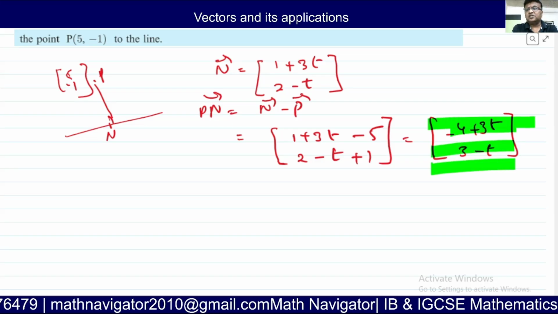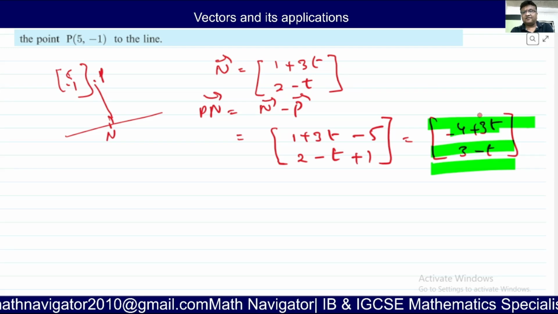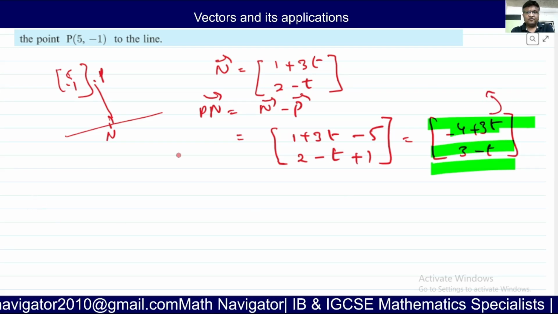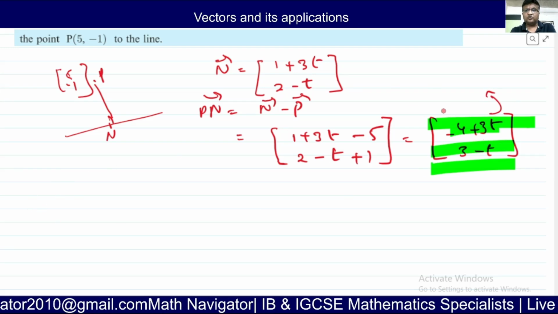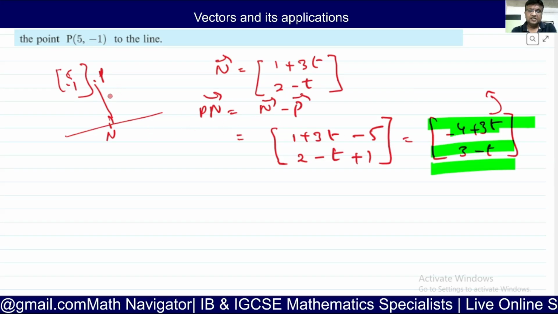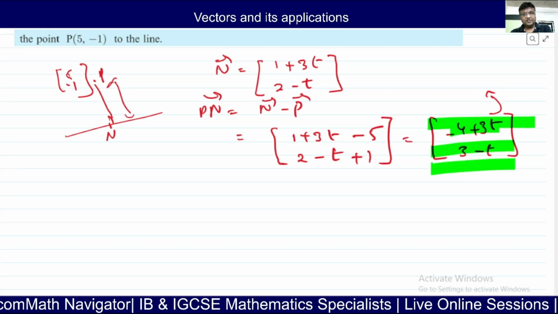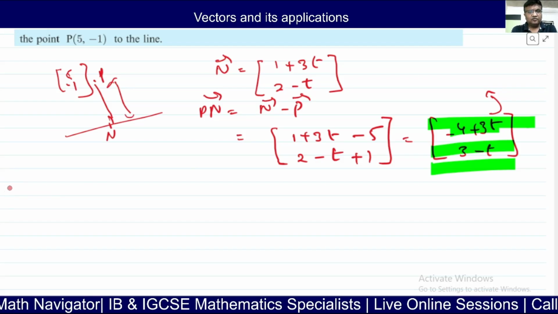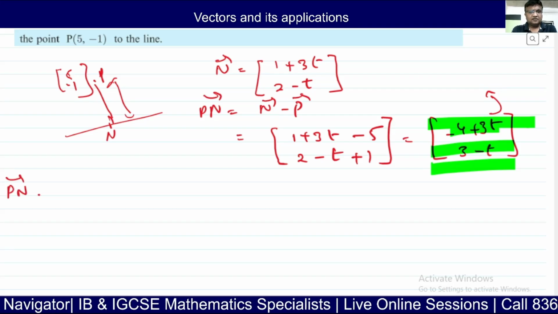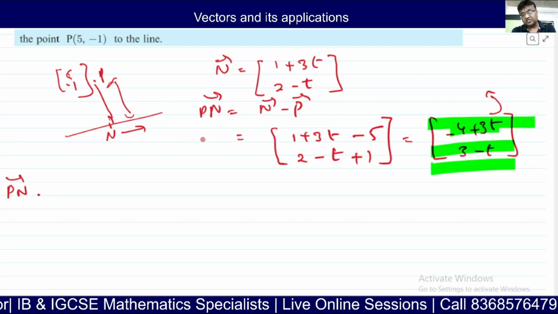Basically what I want to do here is find the value of this t. If I know the value of t, I can substitute here, find the magnitude of it, and then I'll get my answer. What is my answer? My answer is the length of this line PN. So let's do it. I know vector PN dot the direction vector of the line is 0.